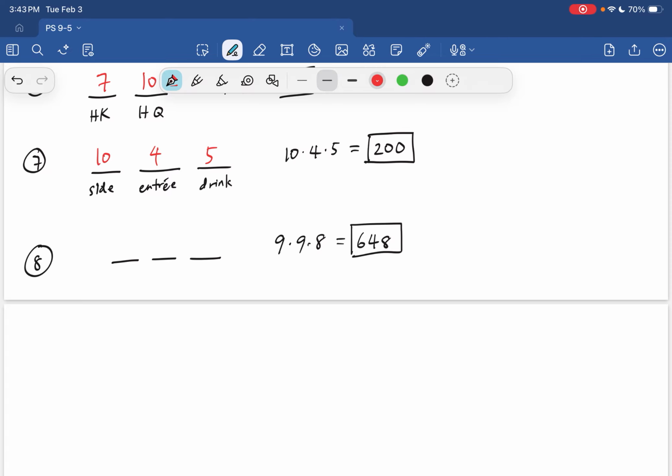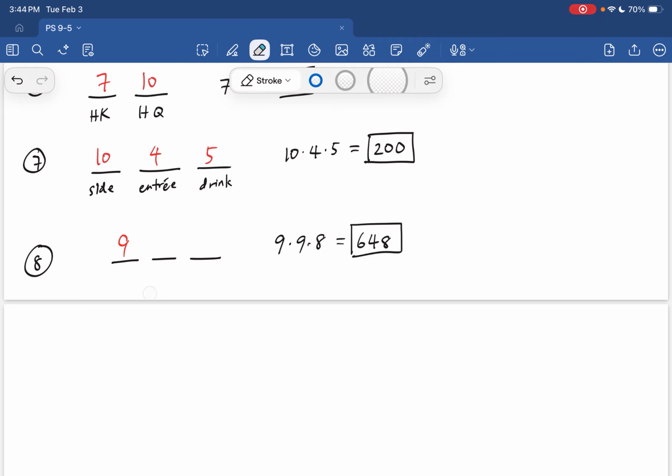And so we'll start with the one that's most restrictive, which is the first one, right? The leading digit cannot be 0. It can only be between 1 and 9. So that means I'm only going to have 9 choices for the leading digit. But the other 2 digits, they can be anything. They can be 0 through 9.